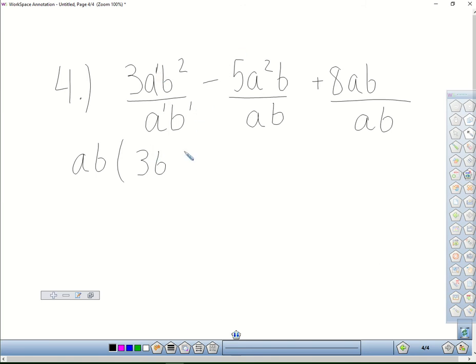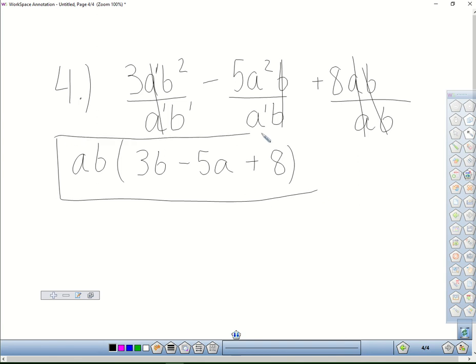So 2 minus 1 is 1. Okay, and the a's cancel out here. Now over here it's going to be negative a, or negative 5, and over here I'm going to subtract these, which gives me just a to the first. My b's cancel out, plus, and then here the a and the b cancel, plus 8. And that would be your final answer for 4.